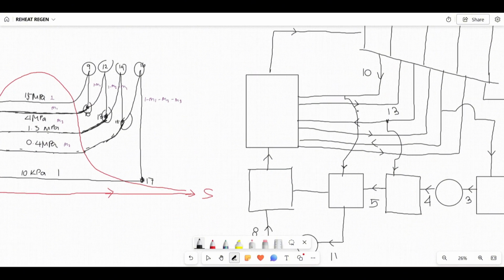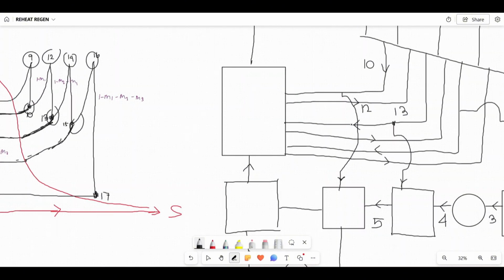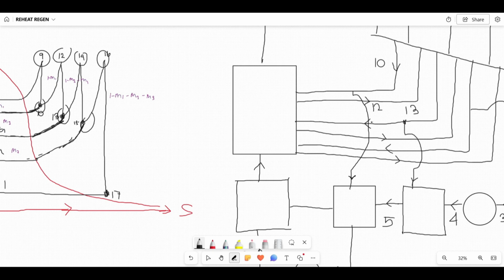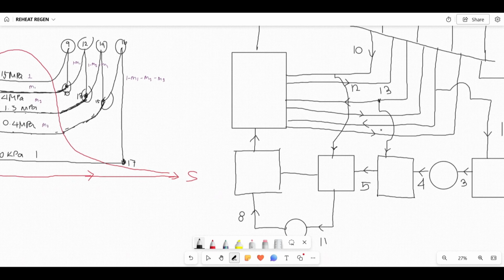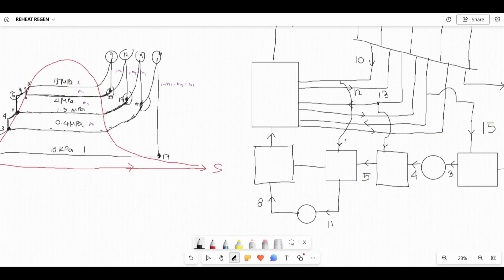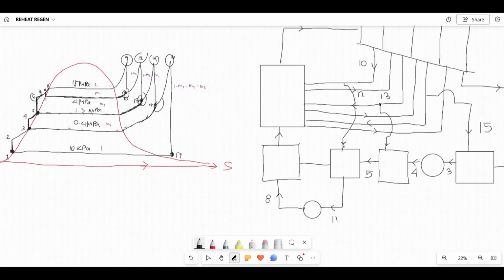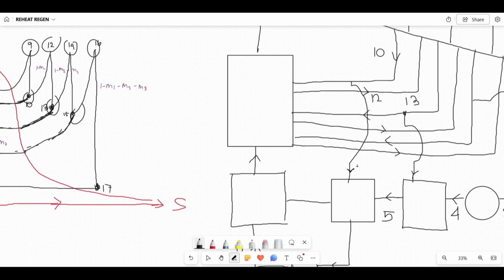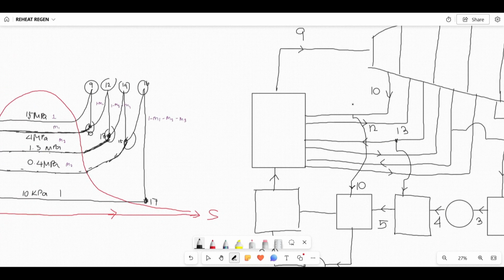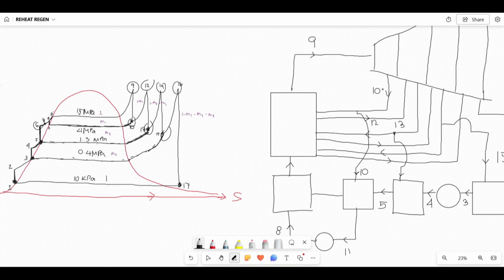This point going back in is 12. This is also 13. That's also 13. That's 12. So this thing coming inside of the closed feed water heater is also 10.